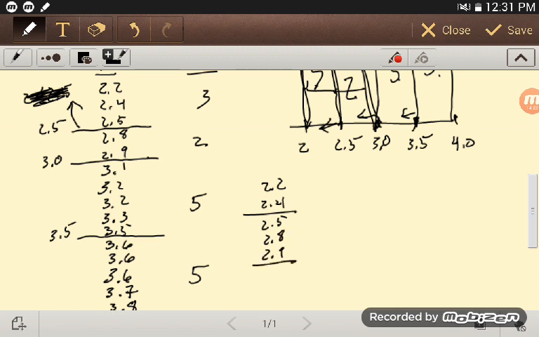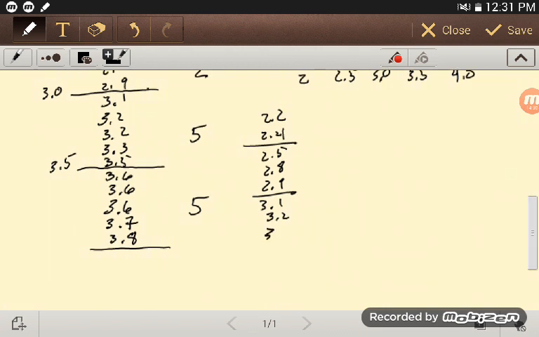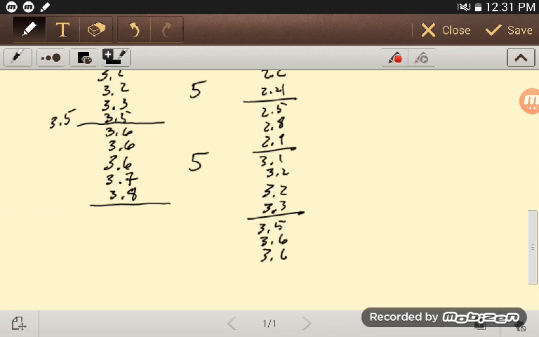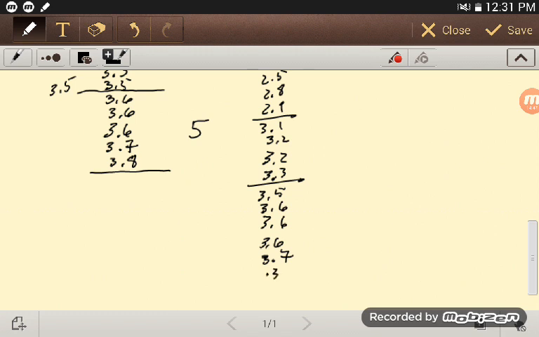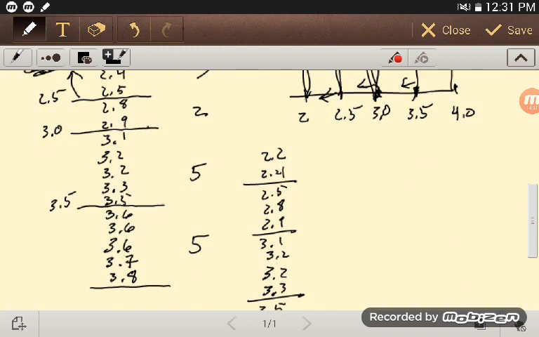Still have a line there, 3.1, 3.2, 3.2, 3.3, line, 3.5, 3.6, 3 of those, 3.6, 3.6, 3.7, and 3.8. And so now on my counts, you see I only have 2 there. I've got 3 there.